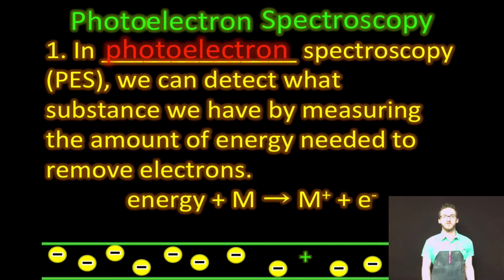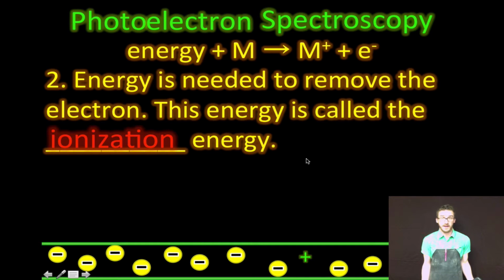In this type of spectroscopy, we can detect what substance we have by measuring the amount of energy needed to remove electrons. As you take a look at your screen, we've got this generalized equation to represent some neutral atom that, when you shoot a photon of energy at it, ejects one of those electrons and forms an ion. Recognize that energy is needed to remove the electron, and we call that energy the ionization energy.